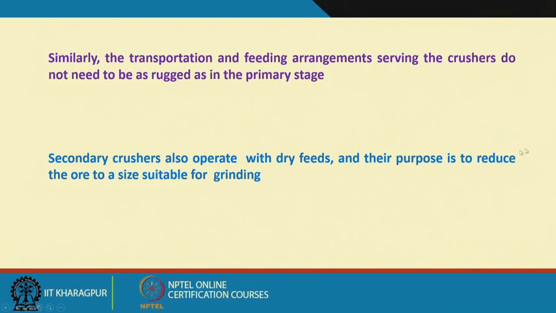Grinding mills take relatively finer sizes. There also, the grinding mills can accept only a maximum size of particle. So, you must ensure that whatever material is being fed to the grinding machines is not coarser than the prescribed one. So, normally the secondary crushers are used in a closed circuit.